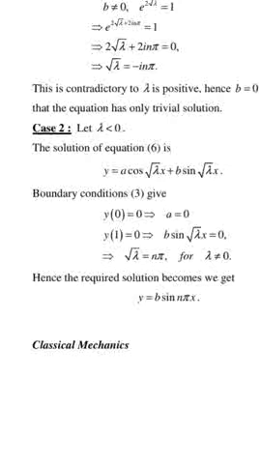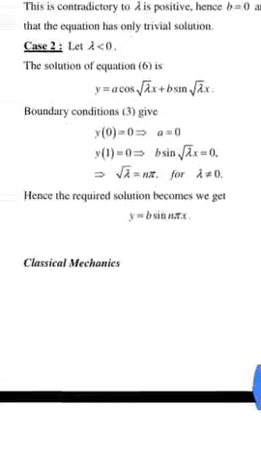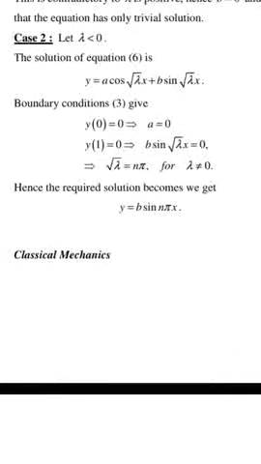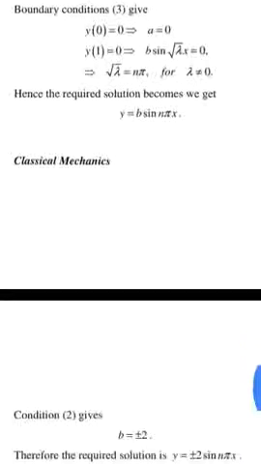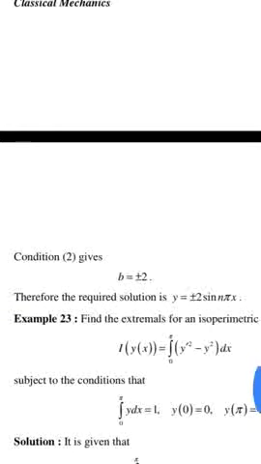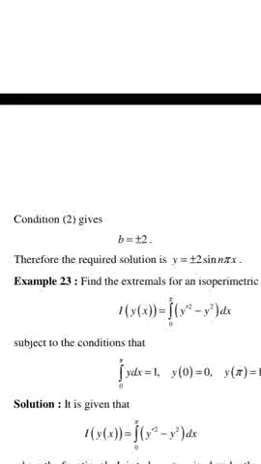Therefore, square root of lambda is equal to n pi for lambda not equal to 0. Hence, the required solution becomes y is equal to b sine n pi x, and therefore b is equal to plus minus 2, and hence y is equal to plus minus 2 sine n pi x.